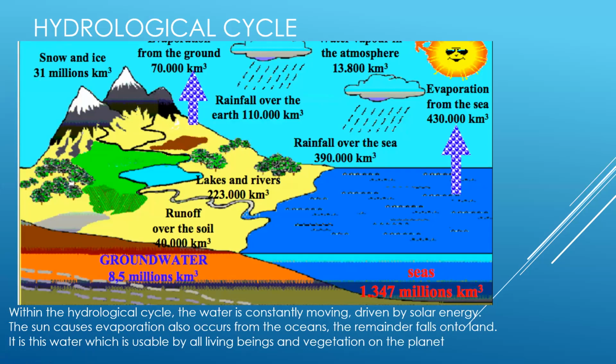You can see some of it is in clouds, some in the atmosphere, some on the ground, some underground. Likewise, the water circulates in the cycle. I will not go into much depth on this.